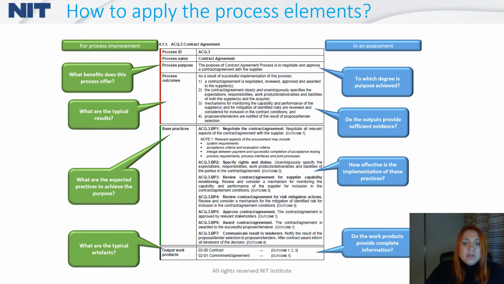And do the work products provide complete information? Why did I divide these two parts? The first one, the green one, is basically the reference model and how we will do the improvement of the reference model in our company. And the blue part leads us to the answers, or rather the questions, which will be asked in the assessment of Automotive SPICE.